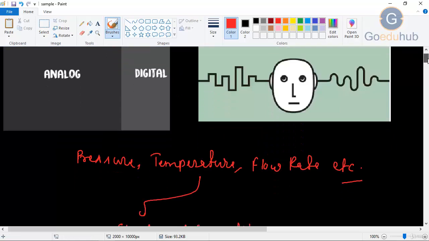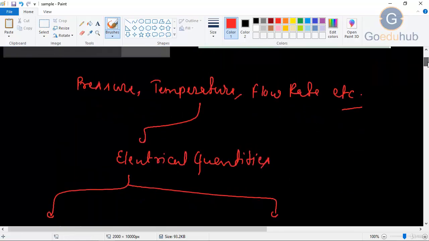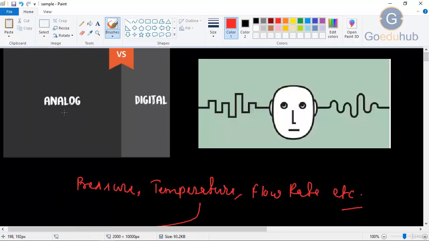Now, a signal is any kind of physical quantity that conveys information. We are going to learn the difference between analog and digital signal, so first we have to understand the meaning of signal. Audible speech is certainly a kind of signal as it conveys information from one person to another through the physical medium of sound.